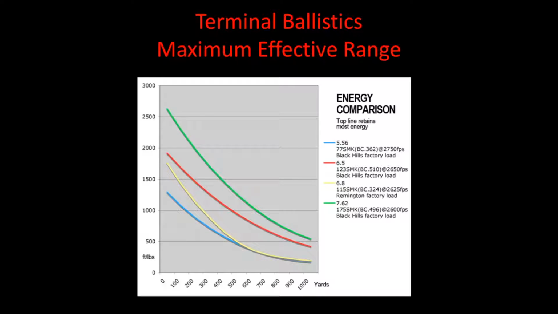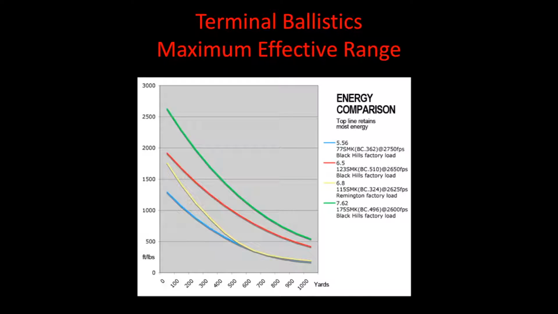Very briefly on terminal ballistics and maximum effective range, I mentioned that the speed combined with the mass, the weight of the bullet, gives us the energy at any point in time. You can see at the bottom the 5.56 bullet, and at the top the 7.62. In general, 500 foot-pounds is a good number based on a small to medium target, not through hard barriers.